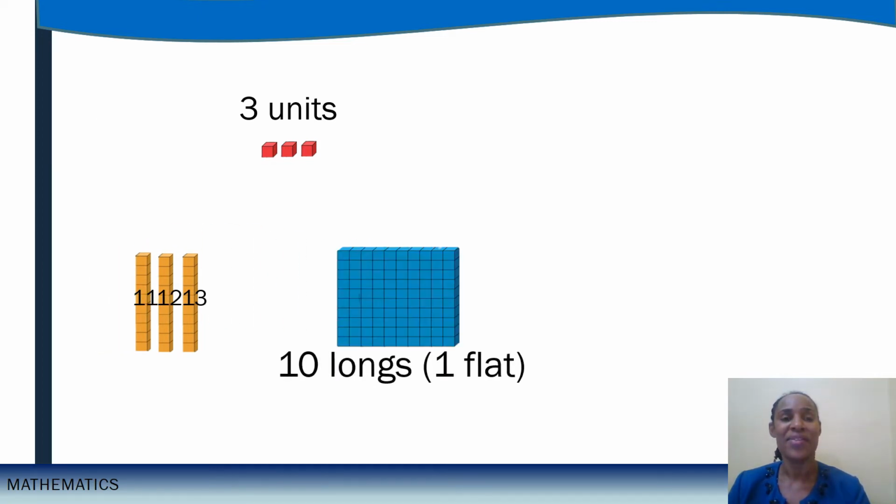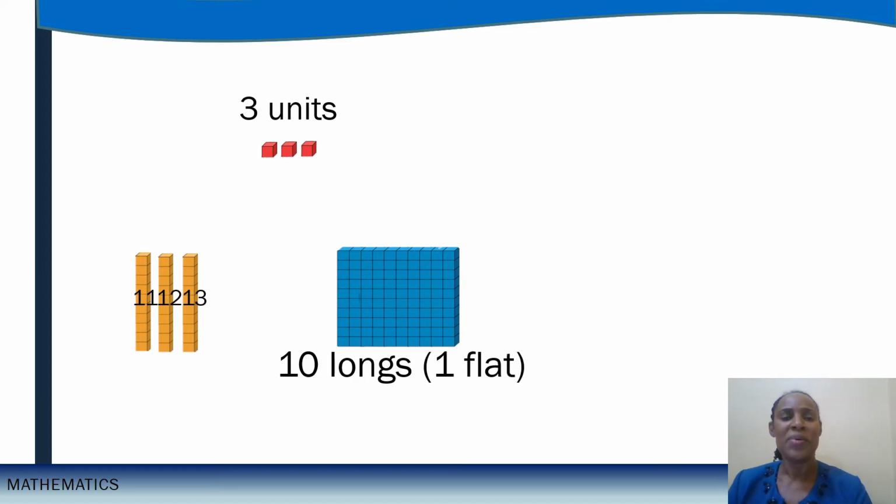And there we have it. 10 longs. And we now rename it as 1 flat. So here we have it. 13 longs is the same as 1 flat and 3 longs.